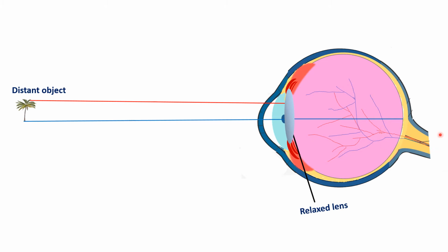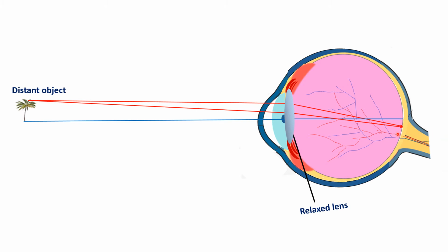After refraction, see here, it passes like this. So you will get a focal plane actually here. Next, the other ray which passes through the optic center will not get deviated. This is another ray. That's all.